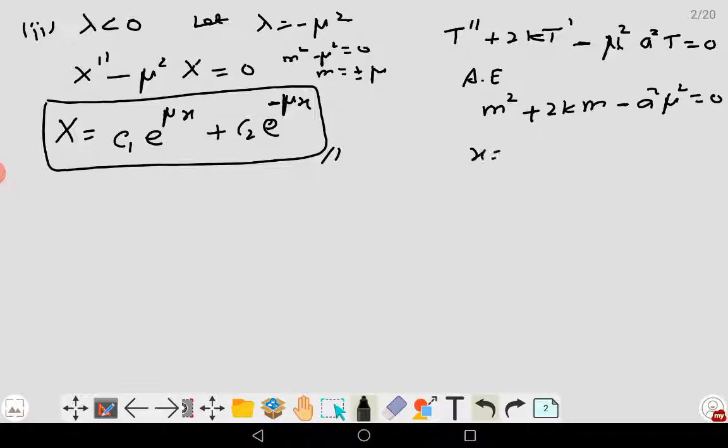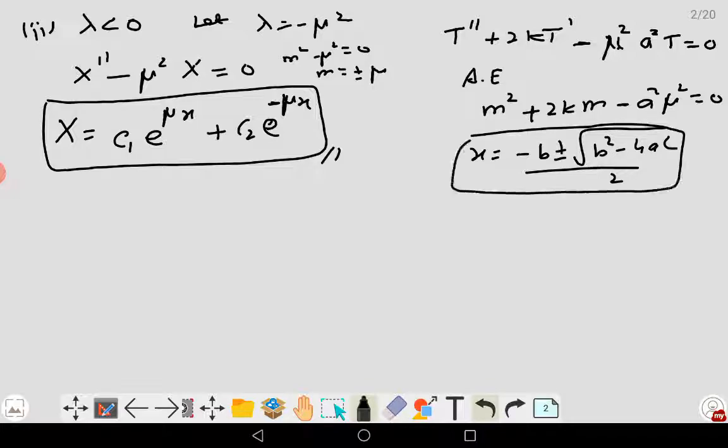By using the formula x is equal to minus b plus or minus root of b square minus 4ac over 2a, we will find the m value here. So m is minus b. What is your b? Coefficient of m, 2k. So minus 2k.